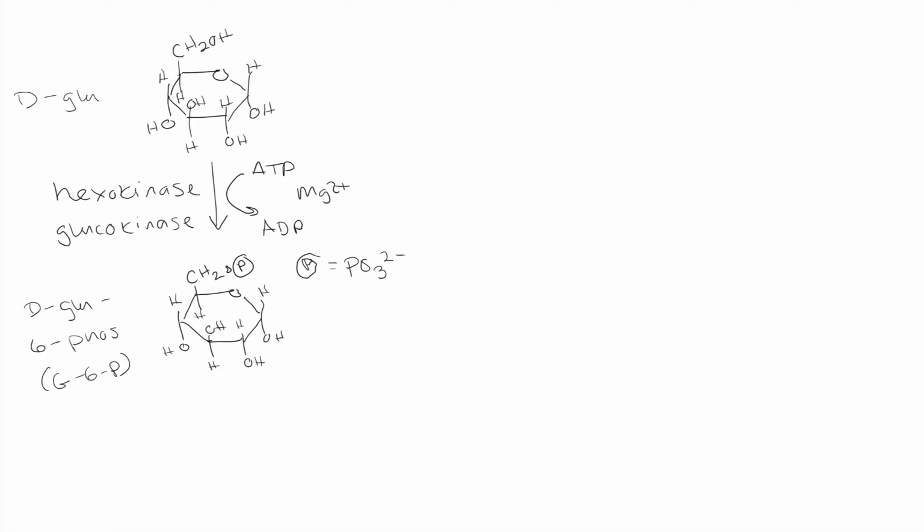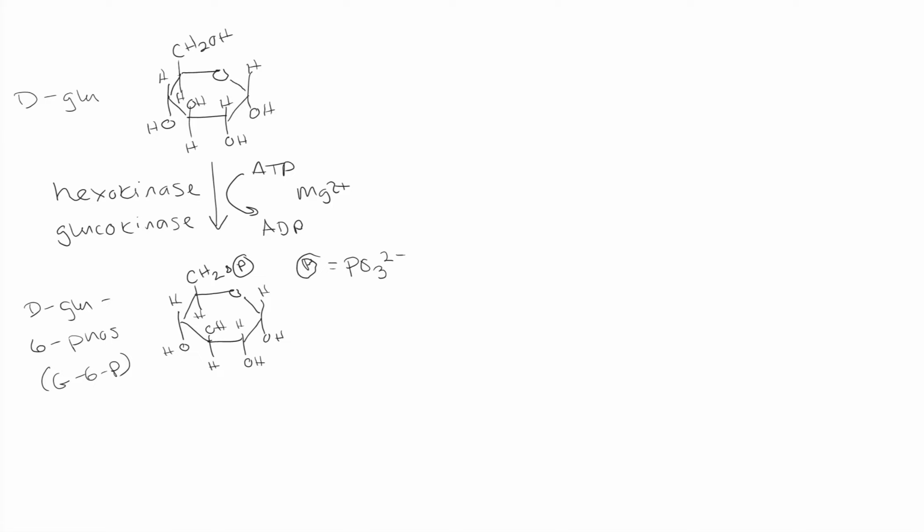However, the formation of such a phosphoester is thermodynamically unfavorable and requires energy input to move in a forward direction of reaction. So that energy in this particular case comes from ATP. And this initially seems counterproductive, but it's a really important investment step.